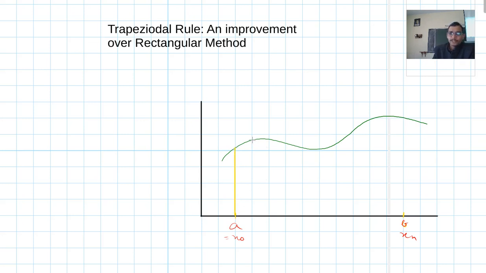This is one segment, this is another segment, and so on.